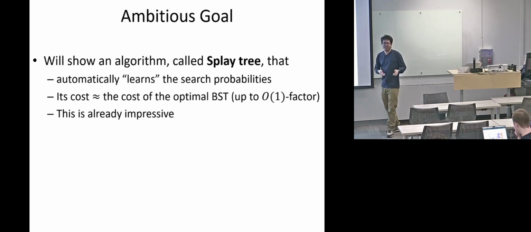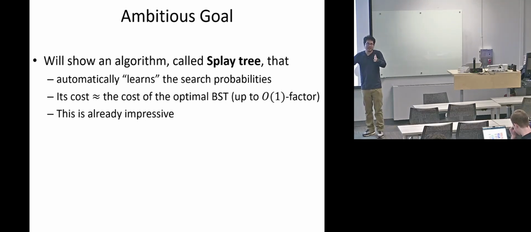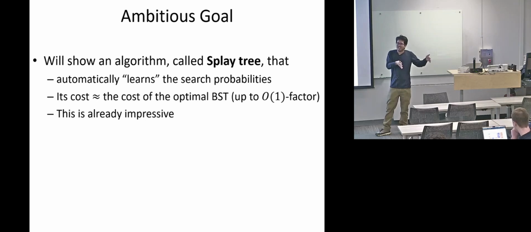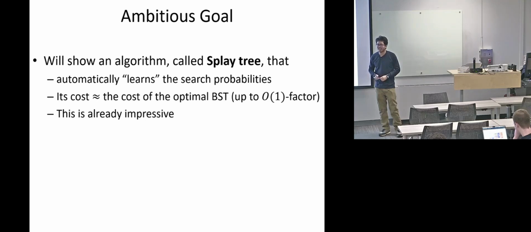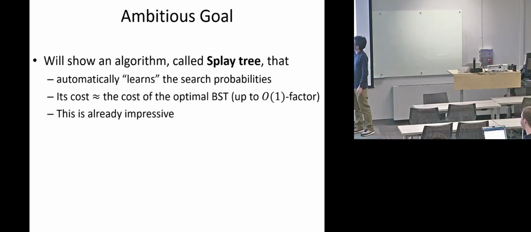But if you don't know that, and you just use the same accesses on a Splay tree, the one that I'm going to describe, the cost of the Splay tree is going to be as good as the one you design using DP, although you don't even know the distribution. The cost is going to be good up to a constant factor. It's not exactly optimal, but within a constant factor. Okay.